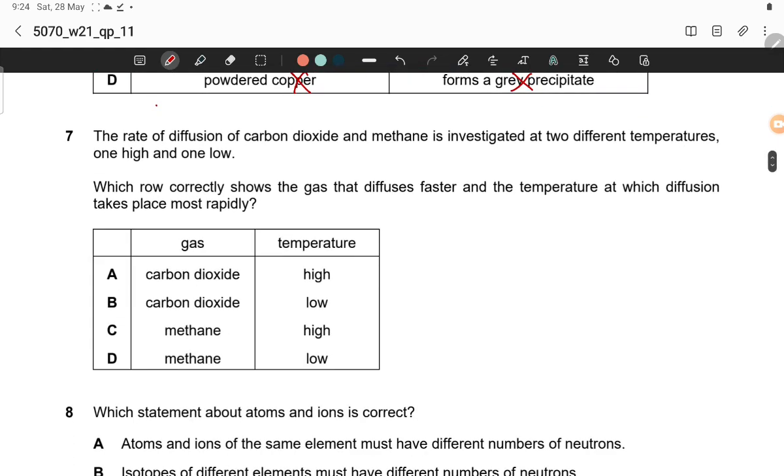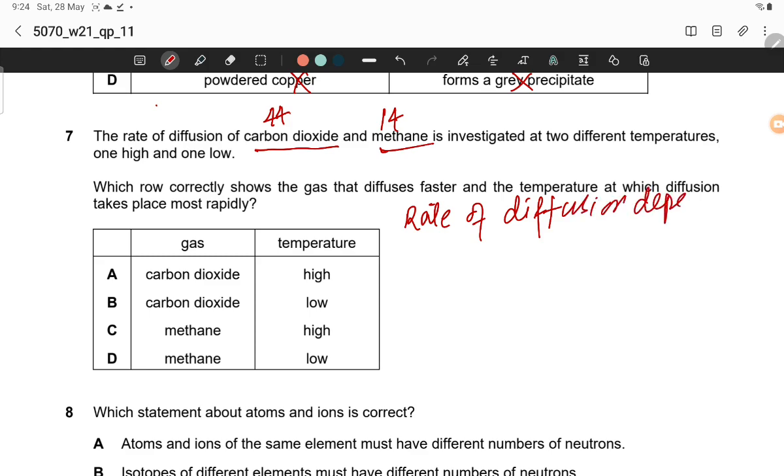Question number 7. The rate of diffusion of carbon dioxide and methane is investigated at 2 different temperatures. Mr of carbon dioxide is 44 and of methane is 16. Rate of diffusion depends on Mr and temperature.